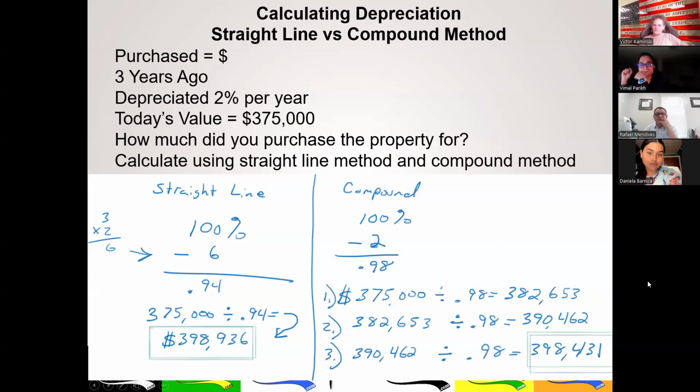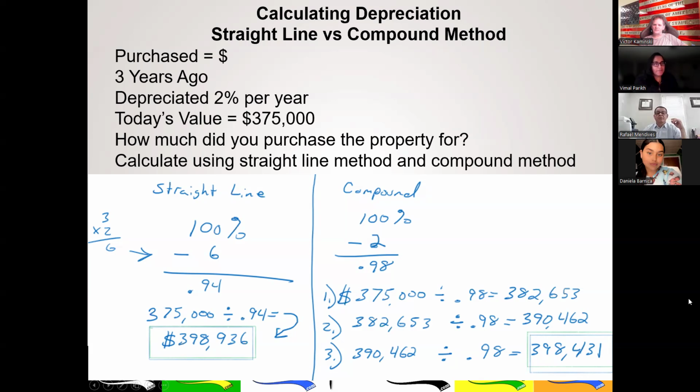398,431. So the compound method, it's 100% minus 2 is 0.98. And once again, we're still trying to figure out the value in the past. So we take today's value divided by 0.98 once, twice, thrice, and we get our answer of 398,431.